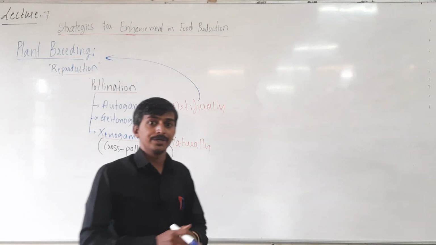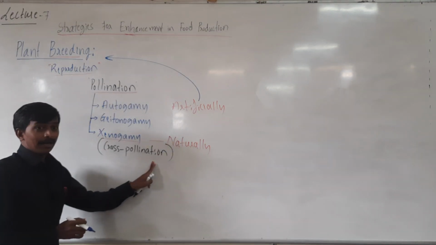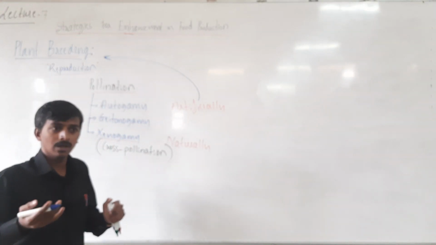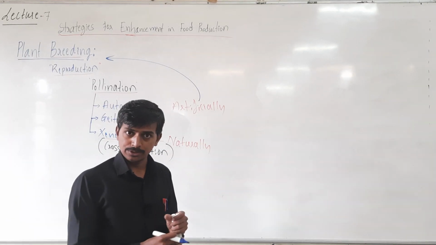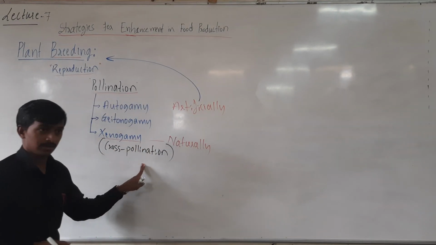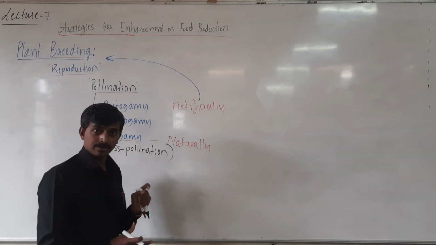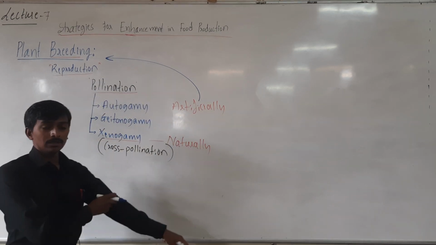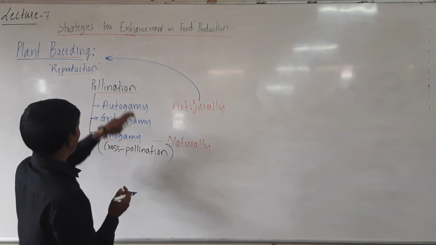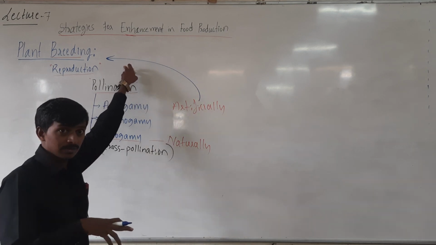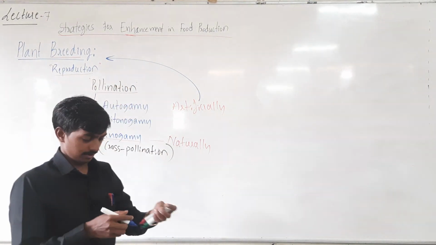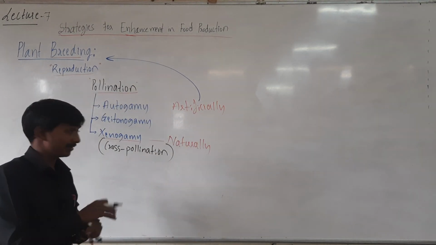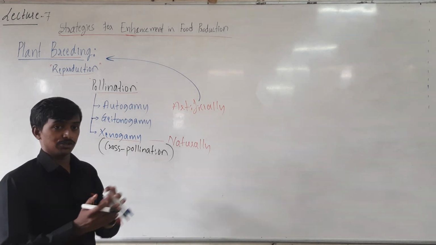That is the pollination which is done artificially by humans, maybe by using some techniques, processes or instruments. When cross pollination, when xenogamy, is done artificially by man, it is called breeding, which is also called artificial hybridization. We also discussed in that chapter, under the concept of artificial hybridization, nothing but crossing, cross pollination.